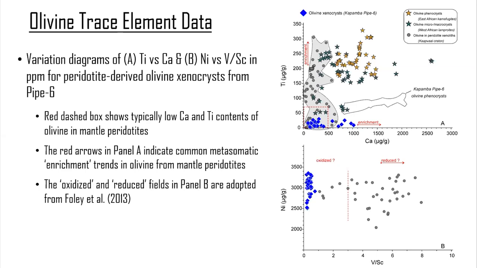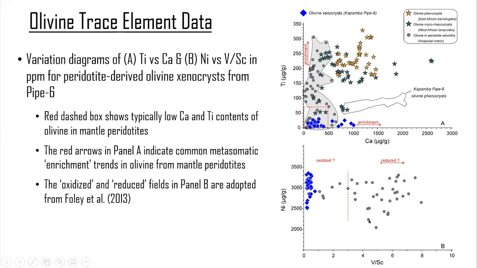We can also see that these xenocrysts evolve towards a trend which is different from that suggested for olivines in peridotite xenoliths from the Kaapvaal craton and olivine in lamproites and kamafugites from the West African and the East African provinces, respectively.